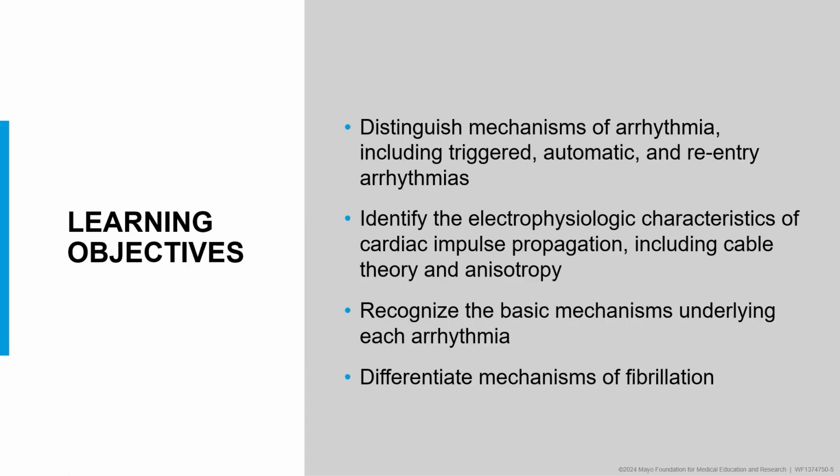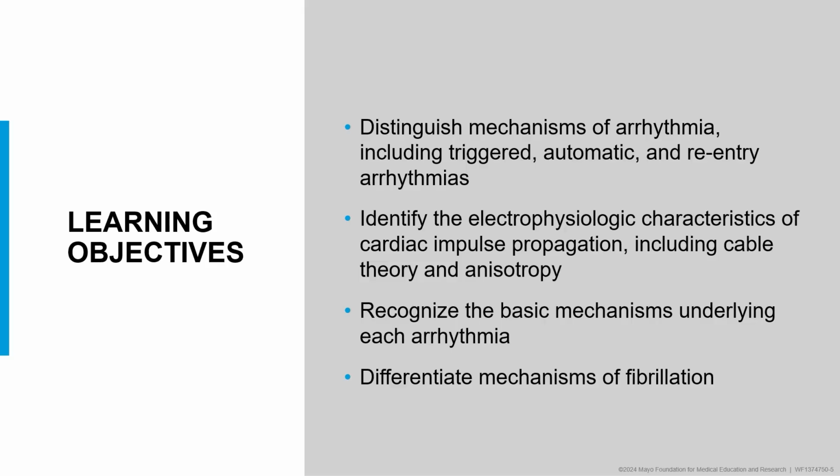We're going to distinguish our mechanisms of arrhythmia. We're going to look at the triggered, automatic, reentrant arrhythmia mechanisms. Look at the EP characteristics of those, and once that impulse has been formed, how does it propagate? Looking at cable theory, looking at anisotropy, and the basic mechanisms for each one of your clinical arrhythmias.